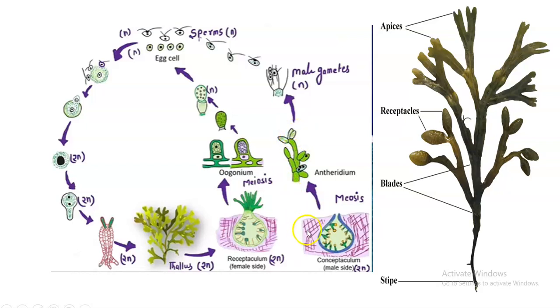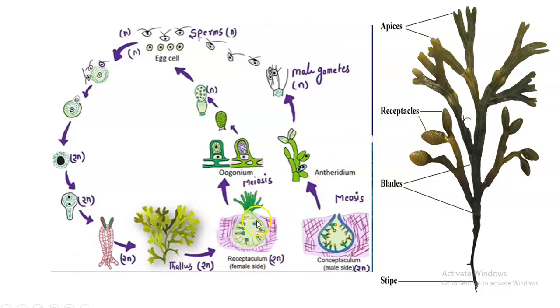Okay, now in another receptacle of the same thallus, for example in the Fucus vesiculosus species, we can see that both the male and female conceptacula are found on the same thallus. So in another receptacle, or even in the same receptacle, you can see in a different cavity the female conceptaculum.